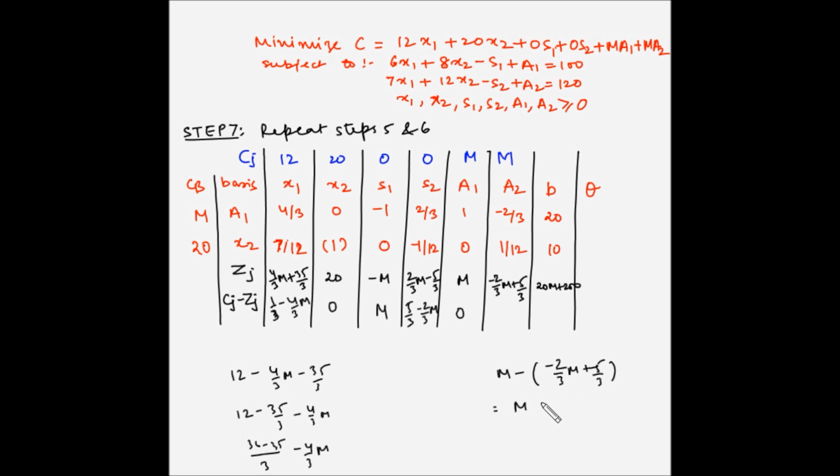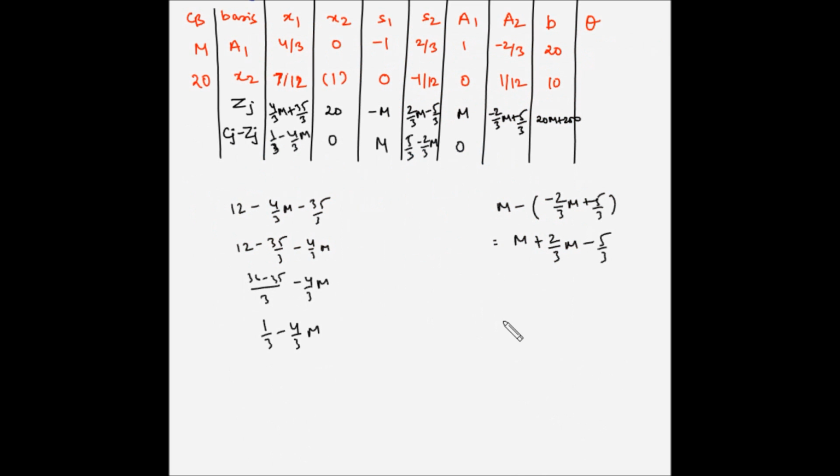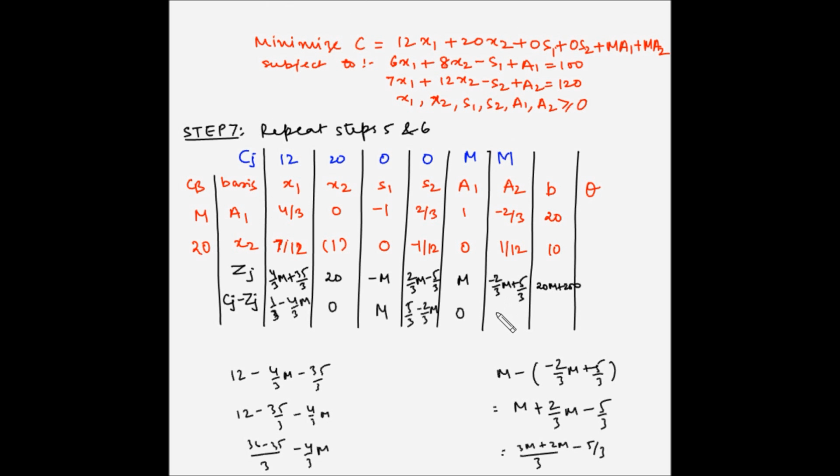So m minus, or rather I'll make it as plus, so minus minus plus, so plus 2 by 3m minus 5 by 3. So let's calculate this m components together. So 3 is the LCM, 3m plus 2m minus 5 by 3. So this is 5m by 3 minus 5 by 3. So 5 by 3m minus 5 by 3.